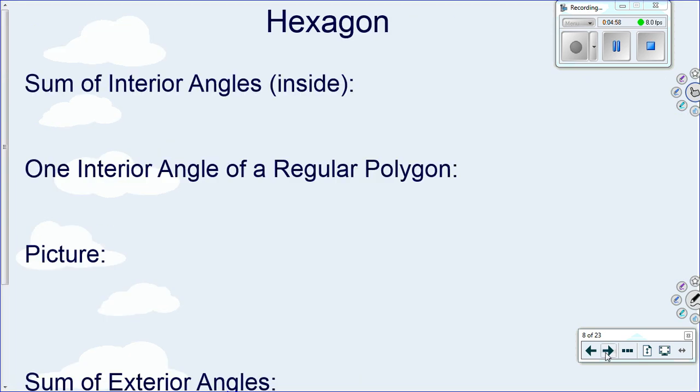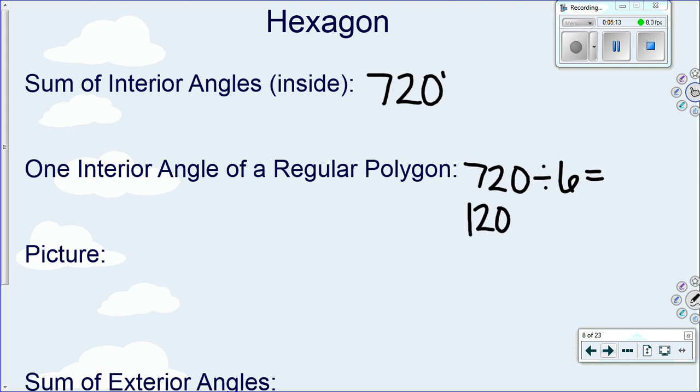Our next shape is a hexagon. The sum of the interior angles is 720 degrees. We're going to take that 720 degrees and divide it by the 6 angles that are inside the regular polygon. And we get a total of 120 degrees per interior angle. A picture of a hexagon will look like this. Let me try again.